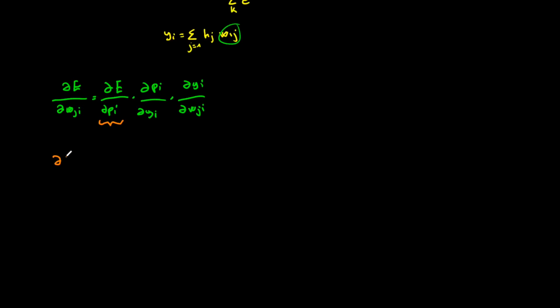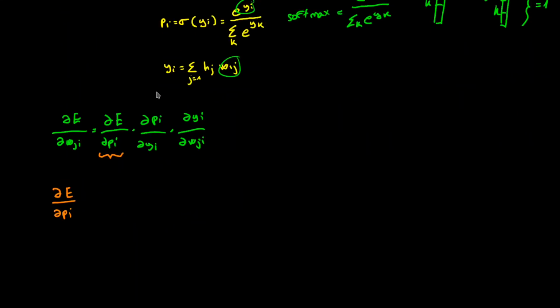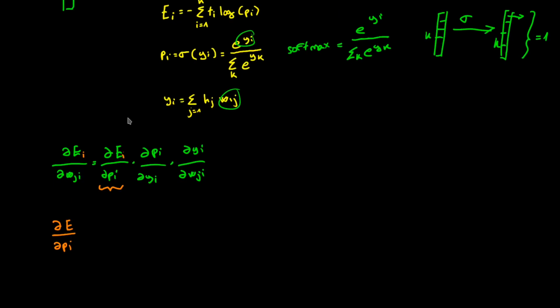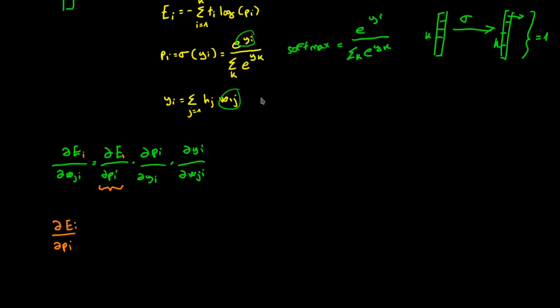So the first step, let's pick orange, will be doing this. So the derivative of the cross-entropy function with respect to p sub I. It will be more clear if we derive it first with respect to the cross-entropy loss of one sample, and then we will extend it to the whole mini batch. So for one sample, as we know, it's just the summation of constants multiplied by the logarithm of our value.